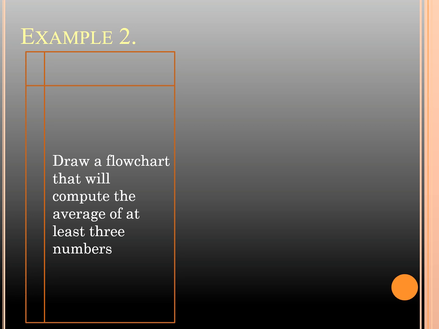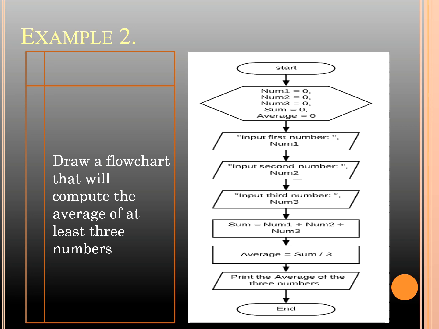Another example is draw a flowchart that will compute the average of at least three numbers. So in the left side is the detailed instruction of how I made this flowchart, wherein I have here the start, then identify the variables, input the num1, num2, and num3, then we need to get the sum of the number.